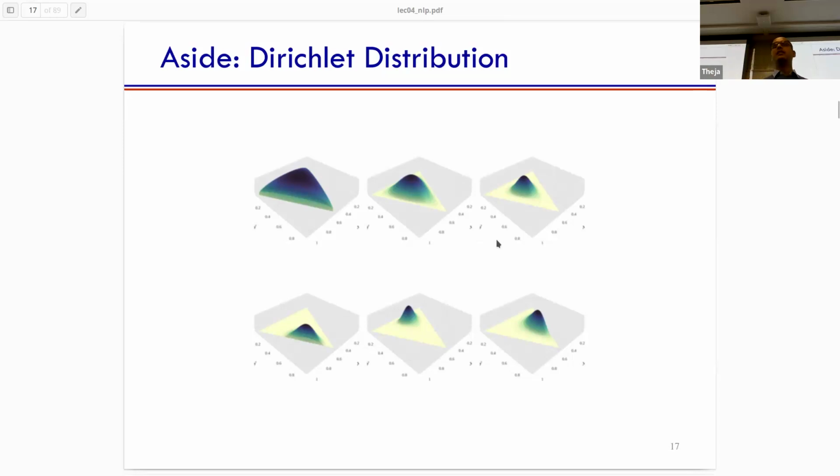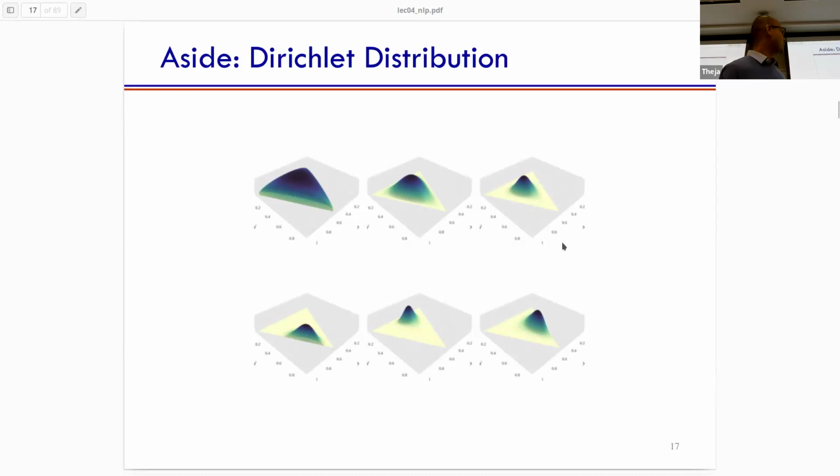What you want to ensure is that each of the 3 coordinates is non-negative, and they also sum to 1. That's the constraint on the vectors in this Dirichlet distribution. So if you sample something, it's going to be a vector with these 2 properties: non-negative and summing to 1.